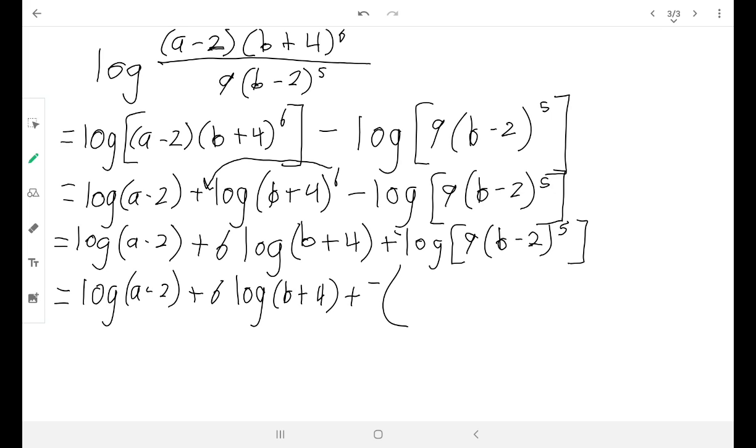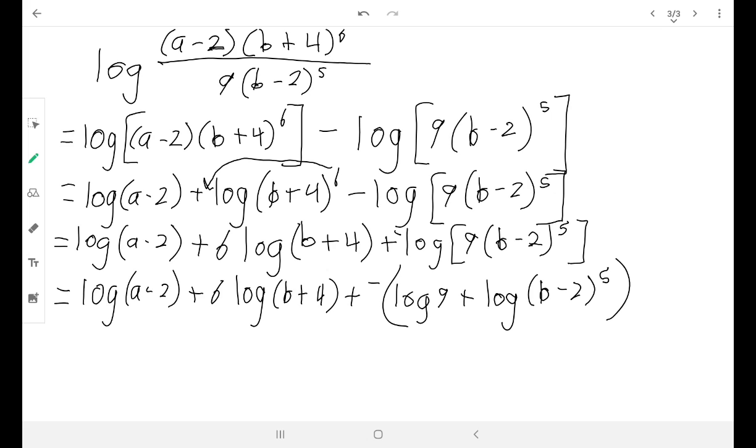So this multiplication that exists right there, that says 9 times b minus 2 raised to the 5th, is going to expand into addition. So log base 10 of 9 plus log base 10 of b minus 2 raised to the 5th power.